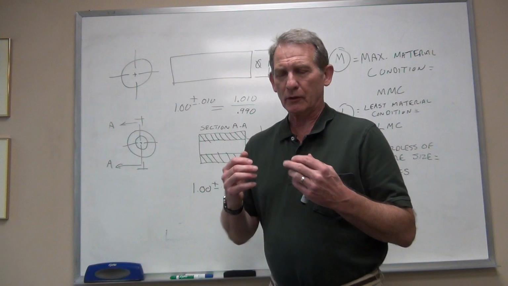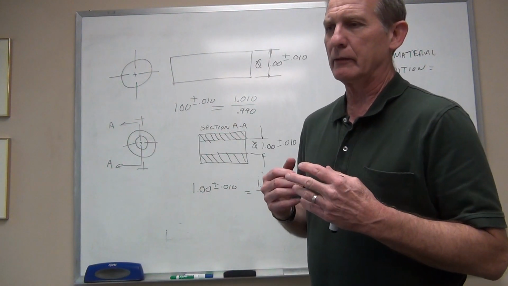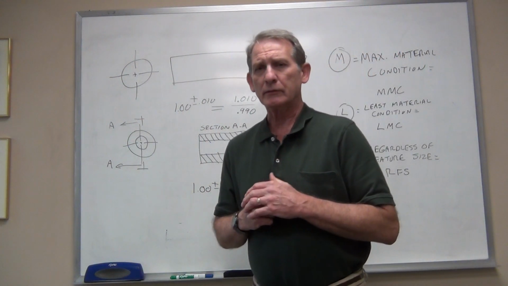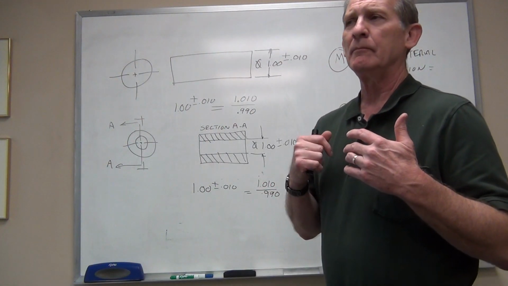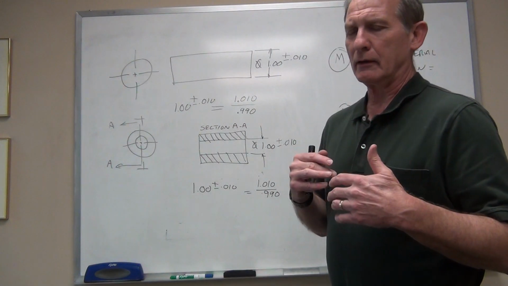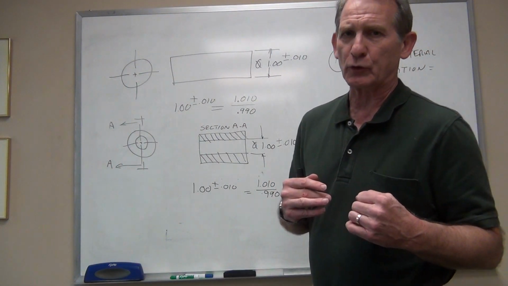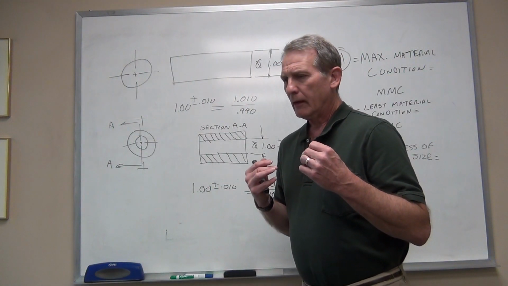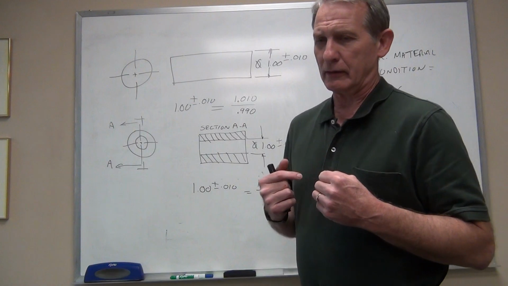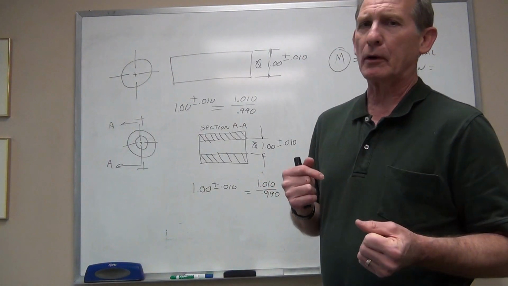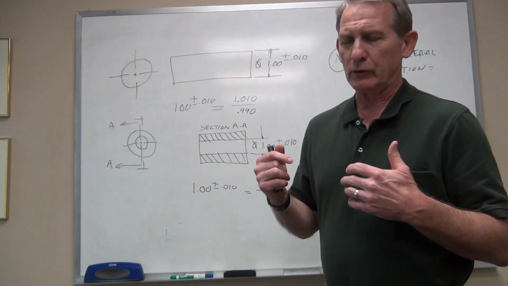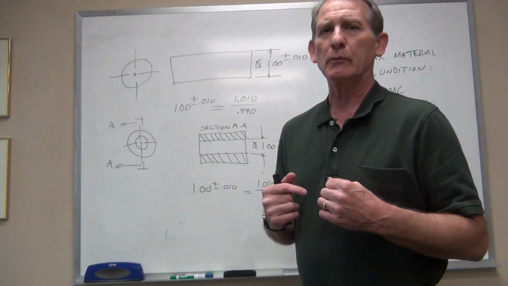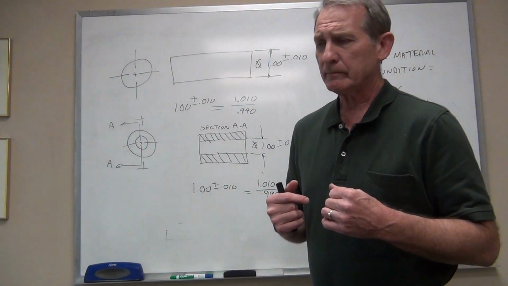And I talked to somebody here the other day, and they were going along pretty well until we ran into this aspect, and I can understand why, because of all the stuff packed into that feature control frame, the material condition modifier certainly has a huge impact, and there's a lot of moving parts to it. You have to evaluate it very carefully in order to really determine what the size of your tolerance zone is.